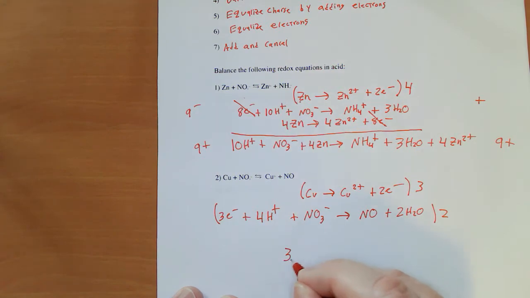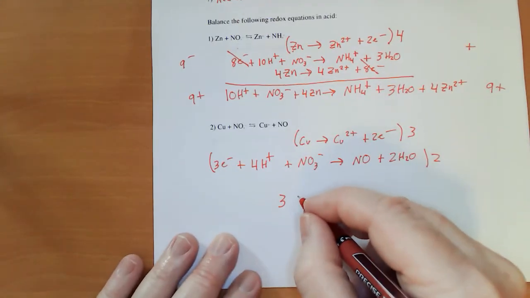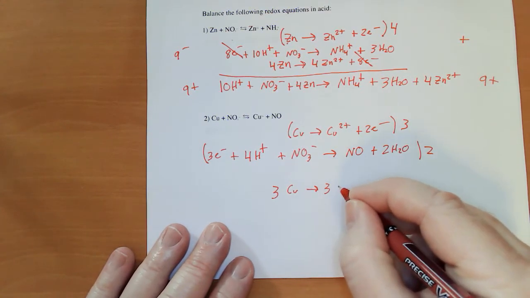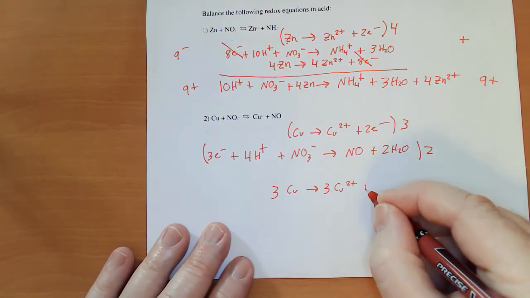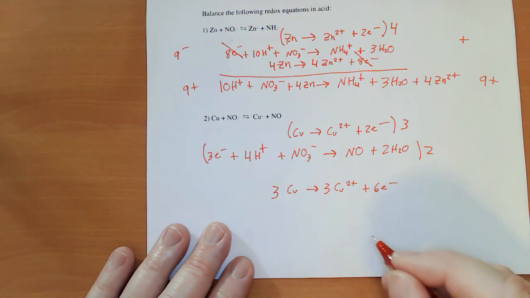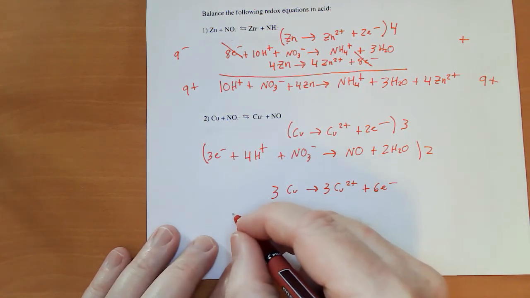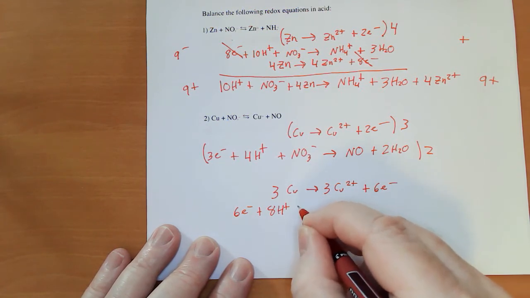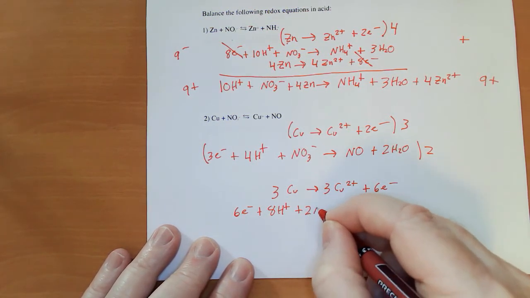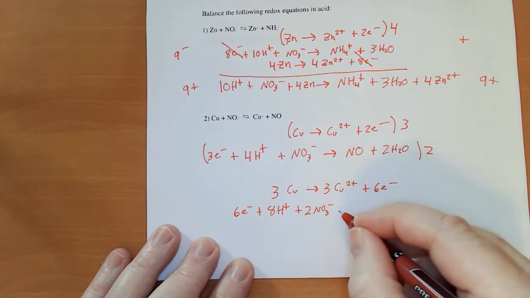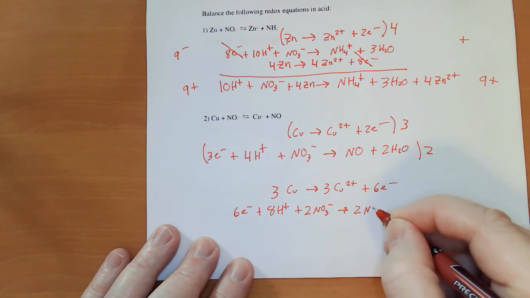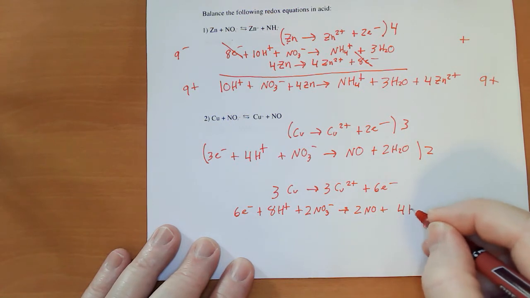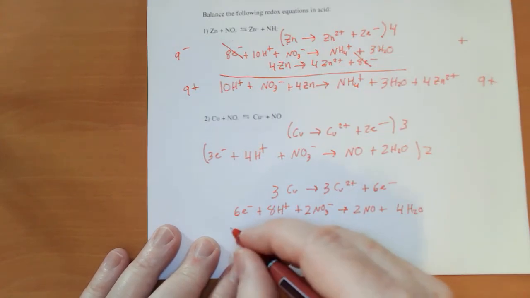So I'm going to get 3 Cu gives me 3 Cu2 plus 6 electrons, and then I'm going to have 6 electrons plus 8 H plus 2 NO3 minus to give me 2 NO plus 2 times 2 is 4 waters.